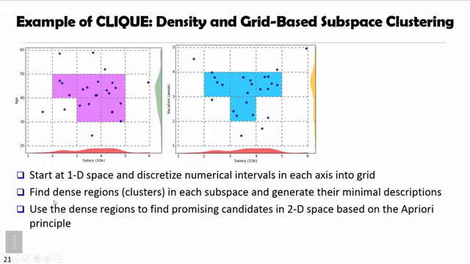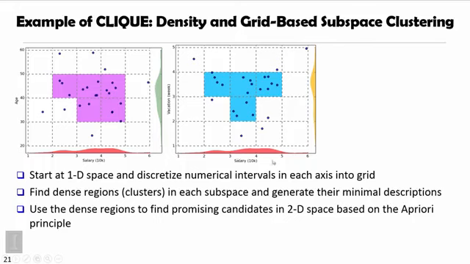That means we find a dense region in each subspace, then generate their minimum descriptions. Then we use these dense regions to find the promising candidates in 2D space based on the a priori principle. Simply put, you find it's dense in 1D on salary and 1D on age. Then you can find their combined one. That means you try to find clusters within this candidate space.